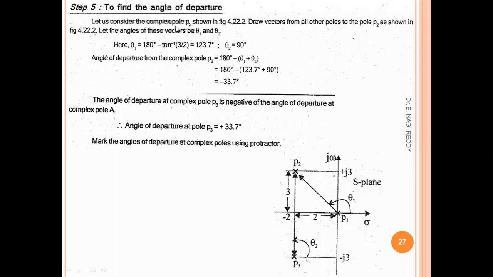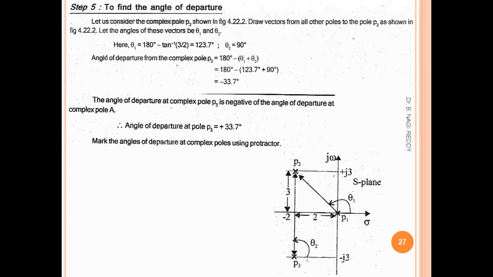And not only that, this step 5 will be done only for complex poles. If in a problem we don't have any complex poles, then what should we do?